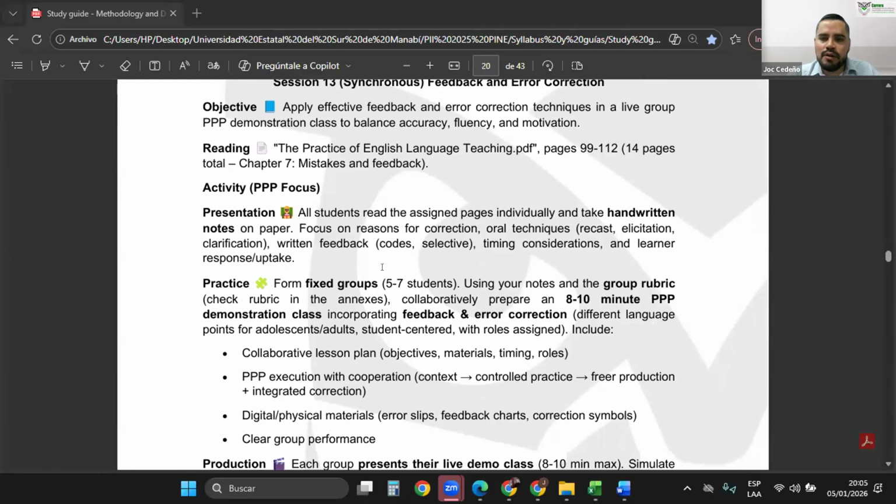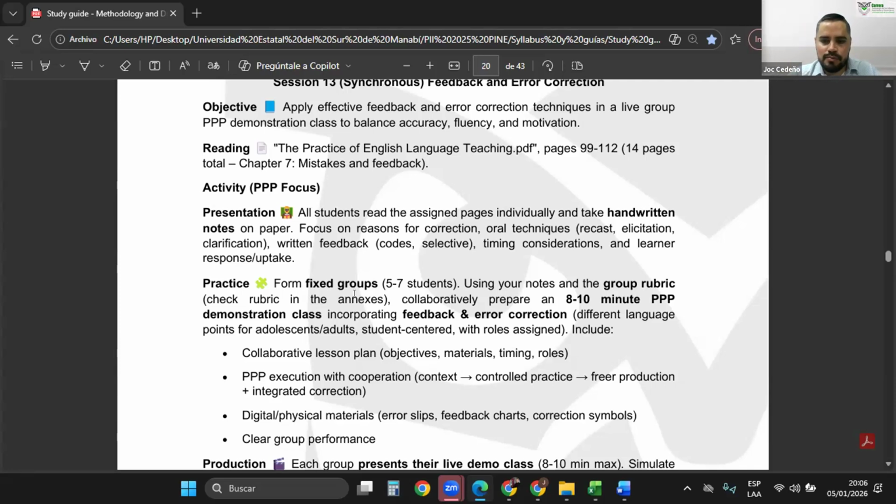And you need to focus on the following topics, which are reasons for correction, oral techniques, for example, recast, elicitation, clarification. We also have written feedback, such as codes or selective feedback, timing considerations, and also learner response or uptake. So you need to focus your class on error correction or mistake correction.